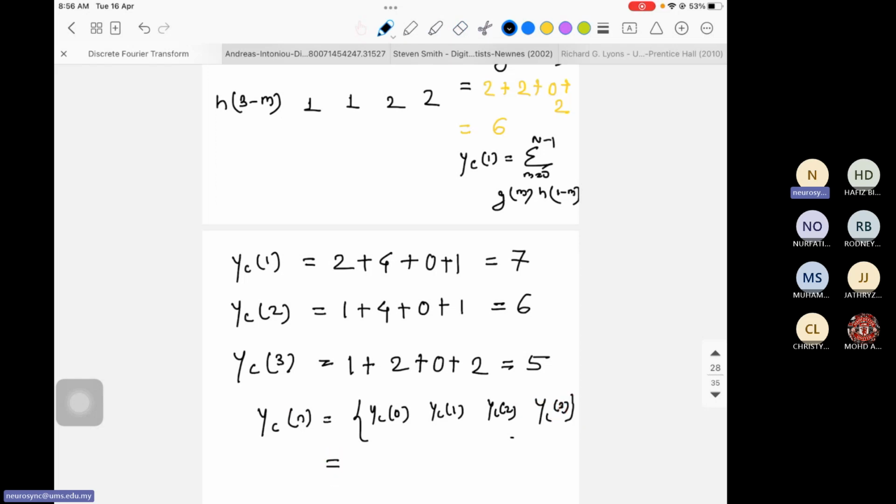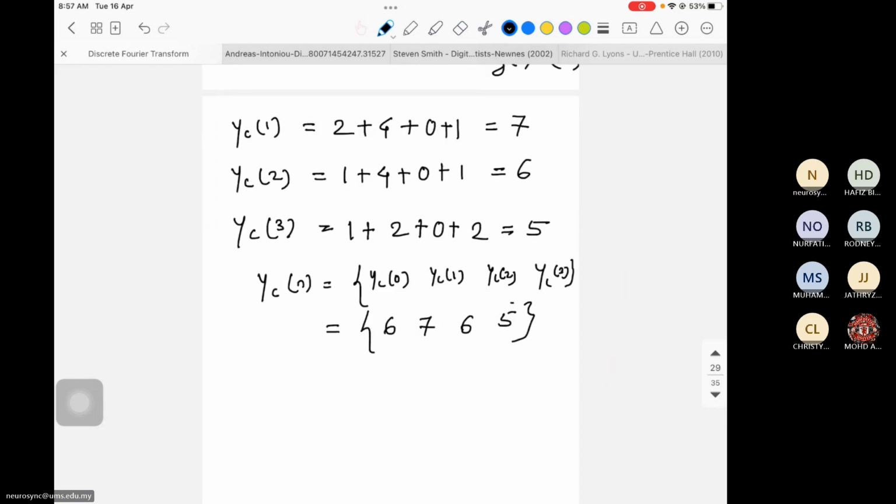Okay. So what we have got is 6, 7, 6, 5. So like this, we can find out the circular convolution for these two sequences.